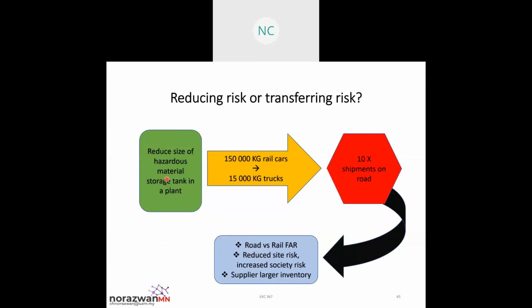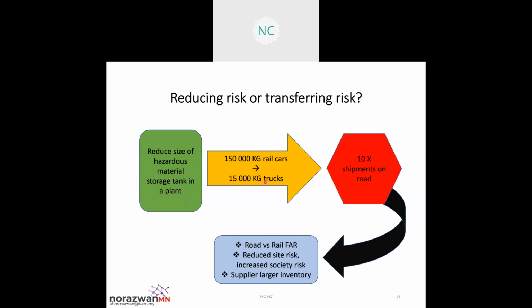When you are using this type of approach, you are already reducing the hazard for this quantity of material. When you reduce your quantity of material, you are reducing the hazard itself.